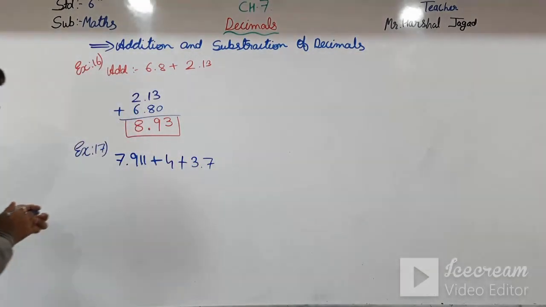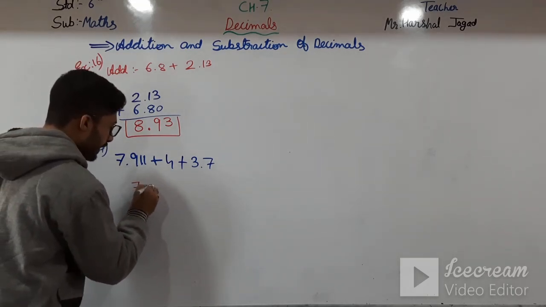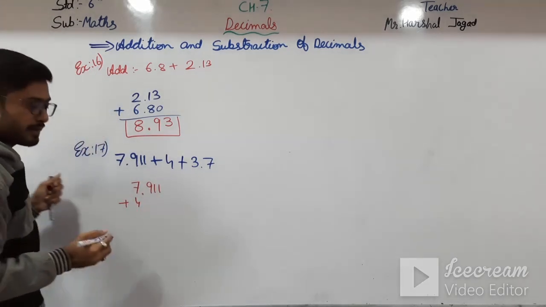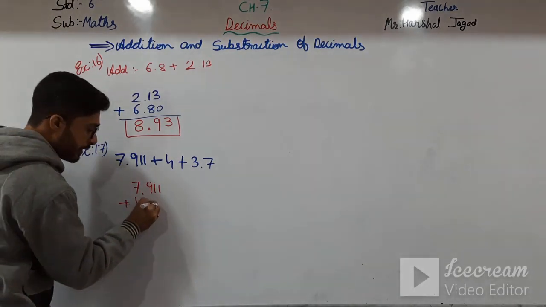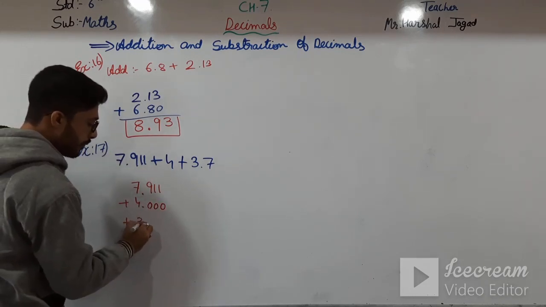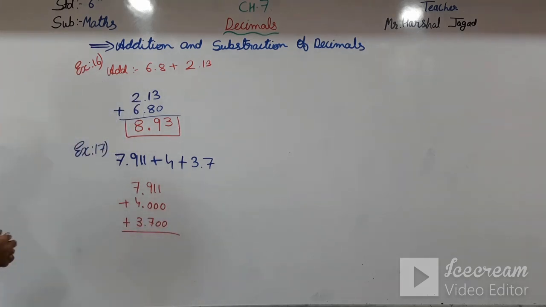So we have to add these 3. First of all, writing 7.911, plus 4, there is nothing, no point is there. So what we will do, 4.000, and again plus 3.7, again 0, 0. Okay.